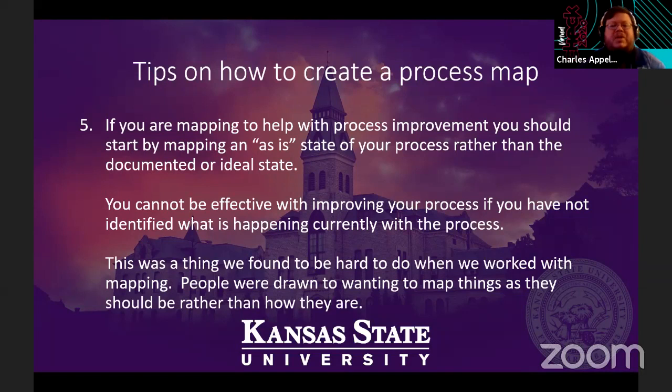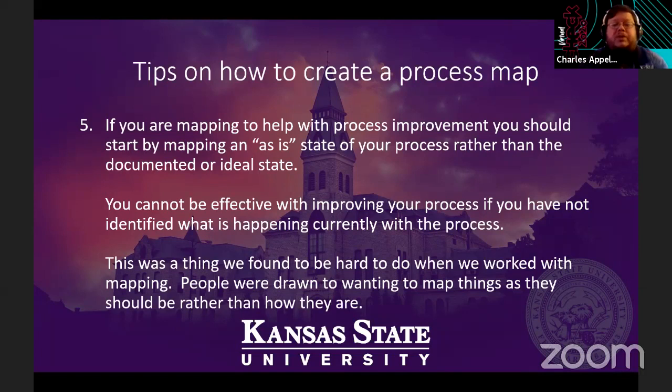Why we found this to be a little difficult was that everybody feels that if they're going against the set way, they're doing something wrong. So it makes people uncomfortable to admit what's actually happening. But I want to also caution that if things are happening in a way that's different from the standard plan, there may be a reason for that. That doesn't necessarily mean that something is bad. Maybe the defined way wasn't working and this other way developed over time. That's one piece of advice you can give your people if they're feeling uncomfortable with this.